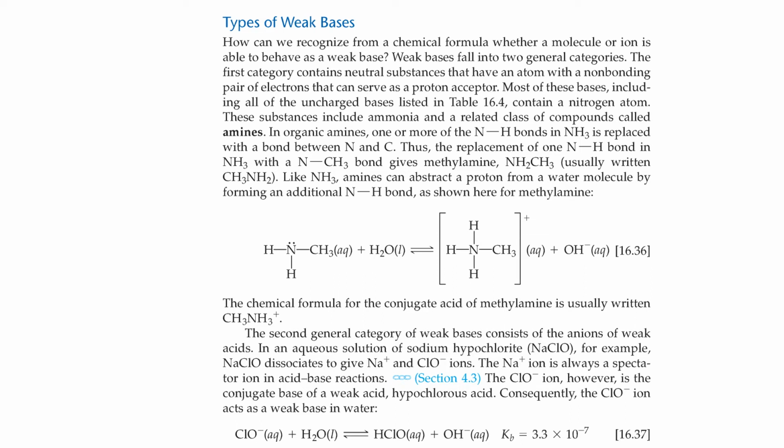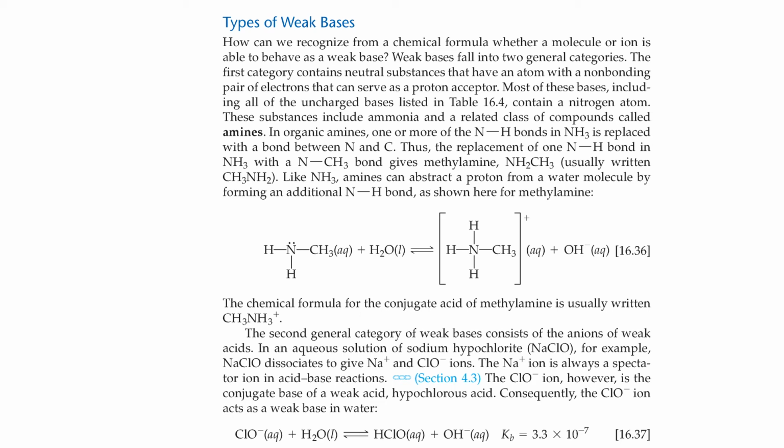In organic amines, one or more of the nitrogen-hydrogen bonds in ammonia is replaced with a bond between nitrogen and carbon. Thus, the replacement of one nitrogen-hydrogen bond in ammonia with a nitrogen-carbon bond gives methylamine, or CH3NH2.